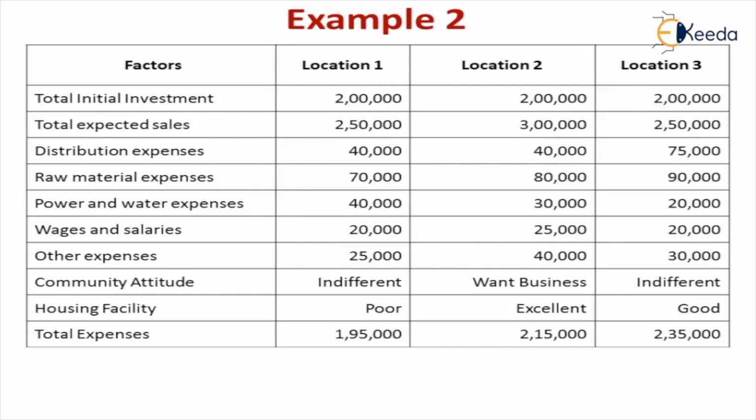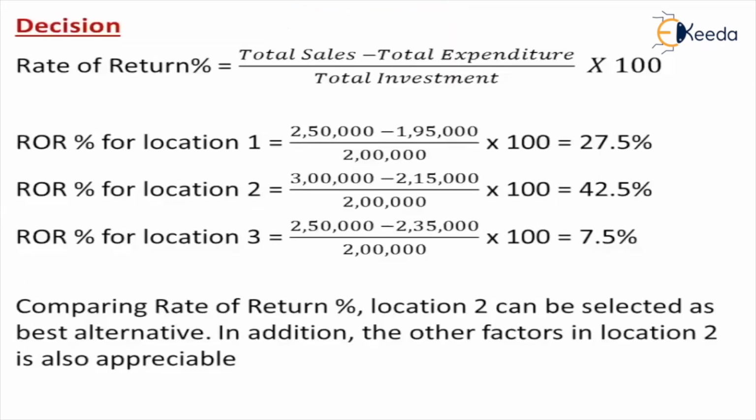So now I have to know what my rate of return is. So how to calculate the rate of return? The rate of return percentage is calculated as total sales minus total expenditure, divided by total investment, into 100. So the corresponding values of sales, expenditure and investment from locations 1, 2, 3 are substituted in the formula to get the rate of return in locations 1, 2 and 3.